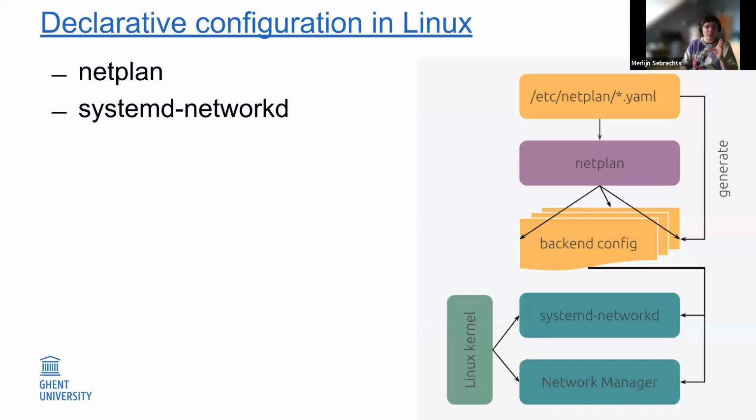They basically work by a system administrator writing in a YAML or in a JSON file what network configuration they want for the Linux system. And during boot up, these daemons will take care of configuring all the low-level Linux network interfaces in the exact correct order to make everything secure, to make everything stable.